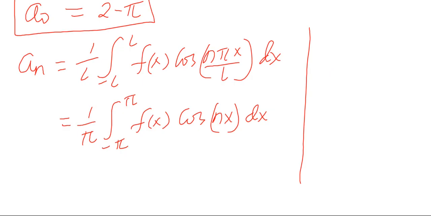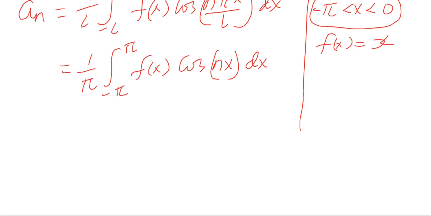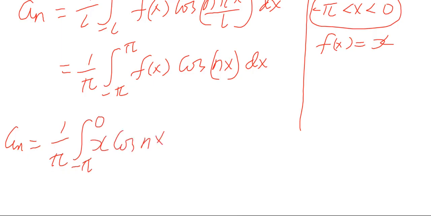In the interval between minus pi and 0, the function f of x is equal to x. So we shall write, in this case, an will be 1 over pi, integral from minus pi to 0, x cosine of nx dx.